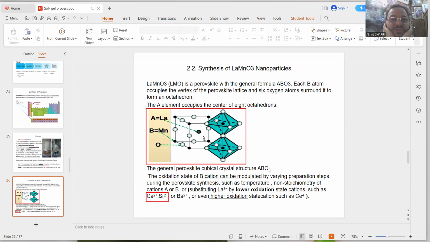Actually, I used calcium and strontium 2+ as doping elements, or even higher oxidation states such as Ce4+. All of that is to modulate the B cation. We can deal with the B cation through these simple points. One of these is substituting lanthanum with a lower or higher oxidation state.